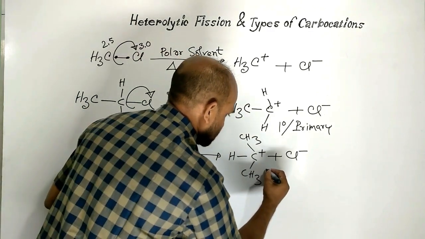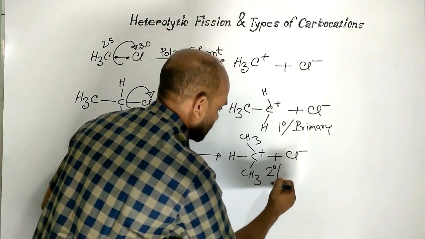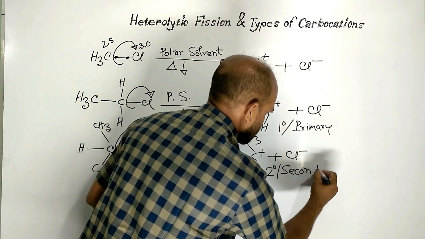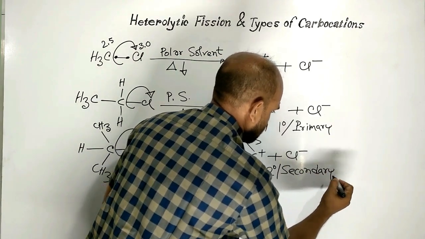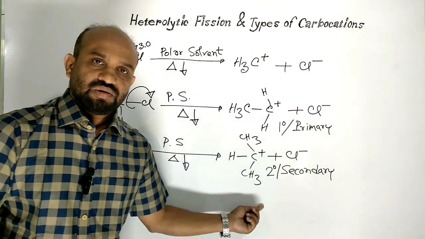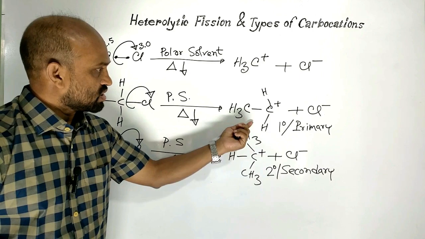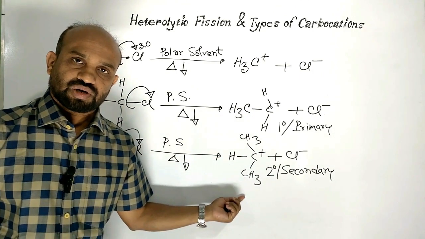That is why this is called 2-degree carbocation or secondary carbocation. We got methyl carbocation, 1-degree carbocation, 2-degree carbocation.